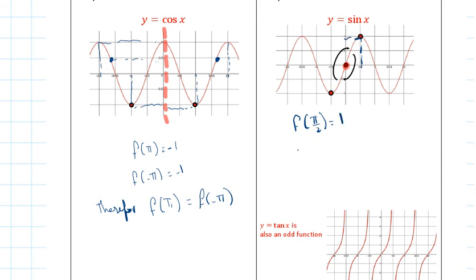Okay, so this is telling me that f of negative pi over 2 is equal to negative f of pi over 2. Or we can write it the other way: f of negative x is equal to negative f of x.